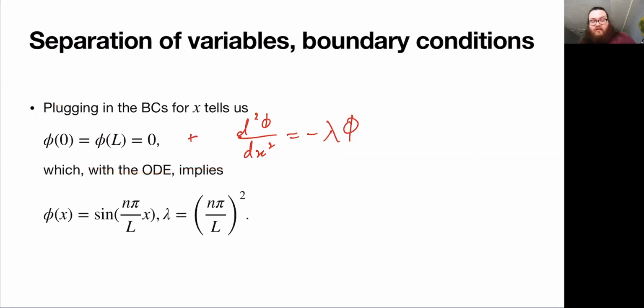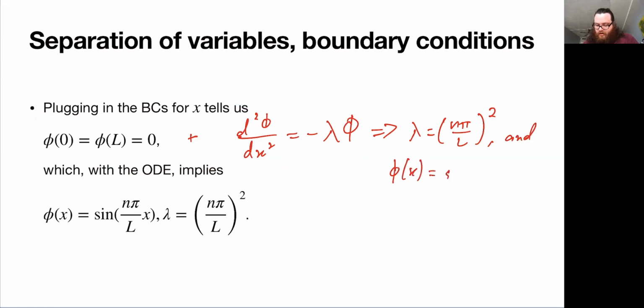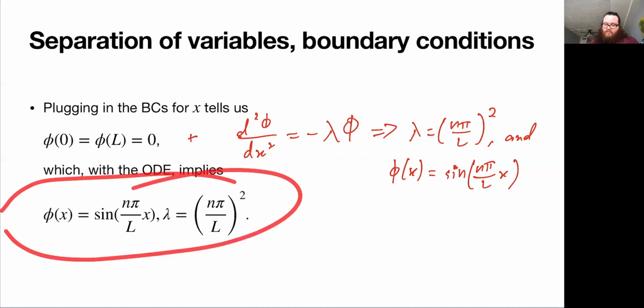This is one of the black box eigenvalue problems that we've already solved. This implies that lambda is equal to (n pi over L) squared, and phi of x is equal to sine of n pi over L x, which is exactly what's written here.